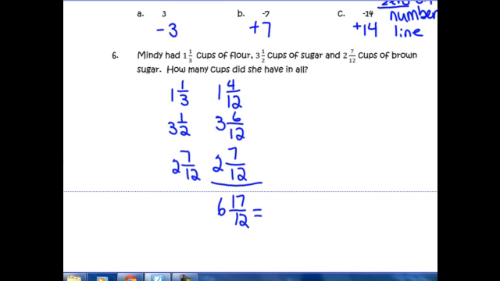So I'm going to change that, because 17 12ths equals 1 and 5 12ths. Adding to that 6, you get 7 and 5 12ths. So my answer is 7 and 5 12ths. Next page.